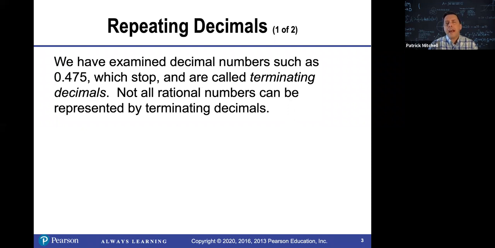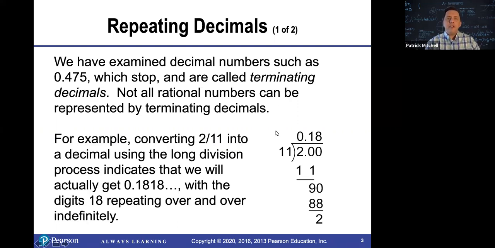And once the fraction has been simplified, you look at the prime factorization of the denominator. And if the denominator's only prime factors are 2 and 5, then that decimal will terminate. But if it has any prime factors other than 2 or 5, it will not terminate.